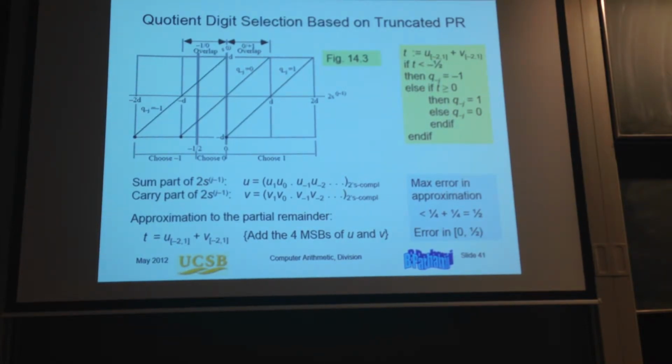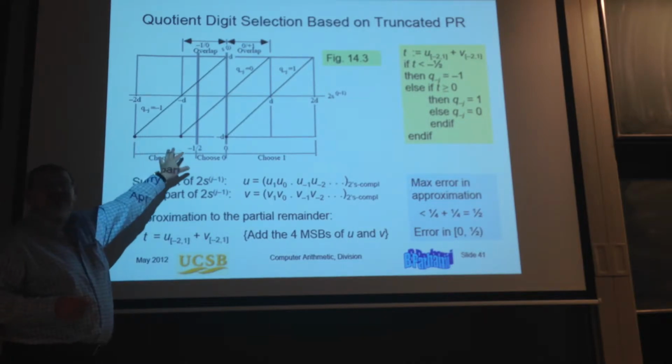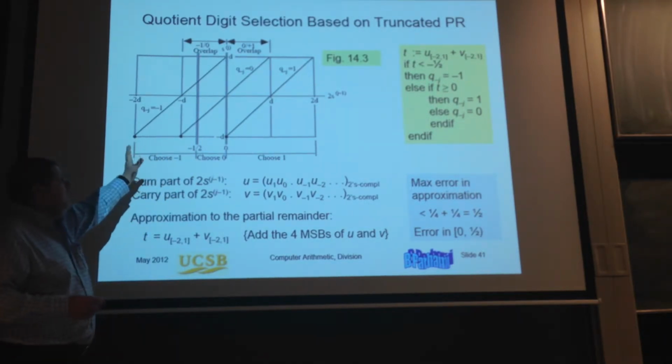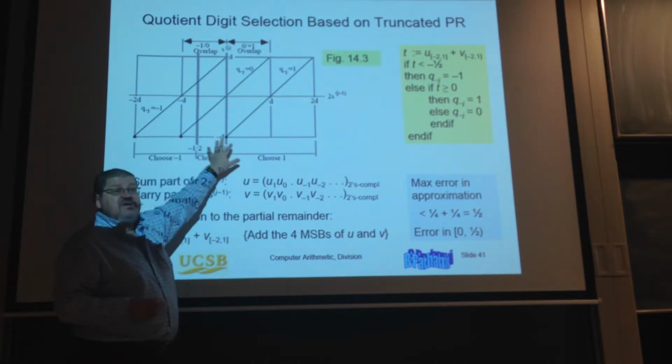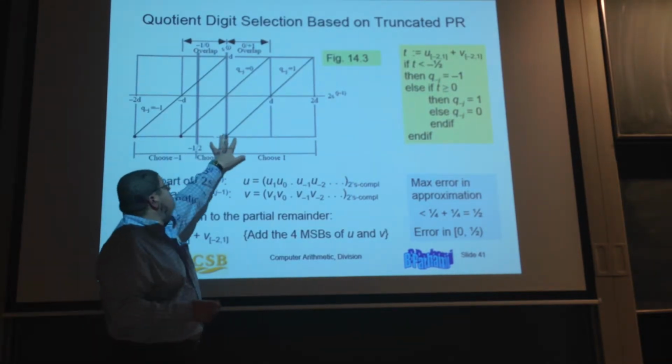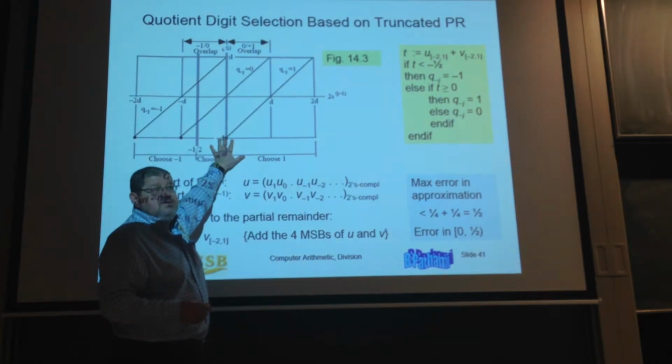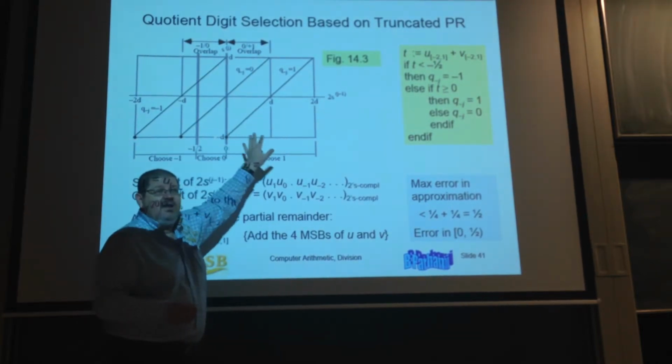Then, in normal division, what we do is we compute the partial remainder, and based on the partial remainder, we make the choice with such a diagram. The diagram depends on the way I'm doing the division. This is radix 2 division, then shift. Because in this diagram there is some overlap, because in the neutral zone, I can do things or I can leave it the way it is, this gives me some freedom.